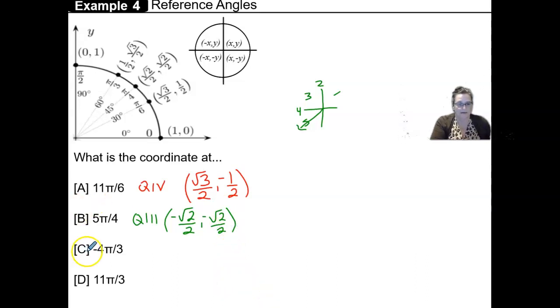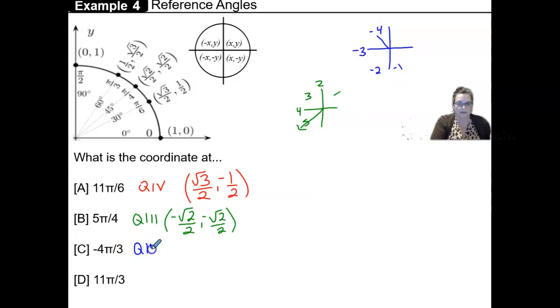Okay, then in C, negative 4 pi over 3. So again, on my circle, if it's a negative angle, I'm going in the clockwise direction. This would be negative 1 pi over 3, negative 2 pi over 3, negative 3 pi over 3, and then negative 4 pi over 3, which would be in quadrant 2.